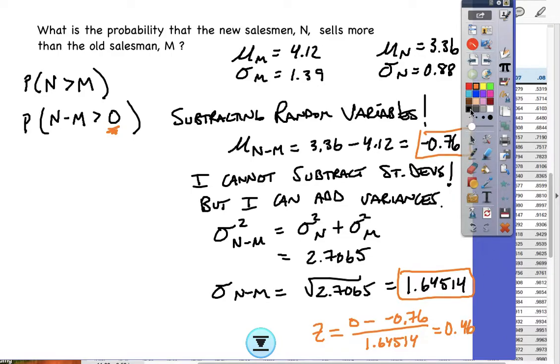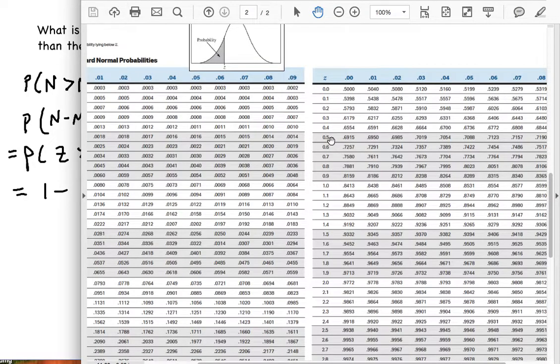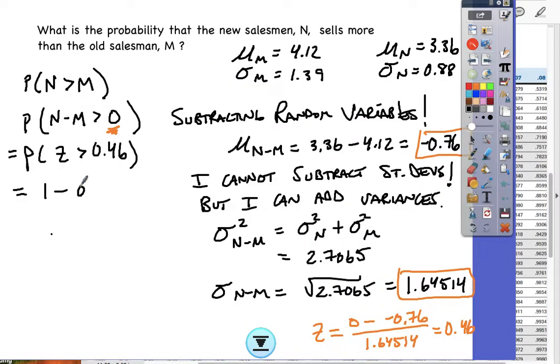So back over here, this will equal the probability that my z-score is greater than 0.46. Since it's a greater than, I'm going to do 1 minus. I'm going to go to my chart and look up 0.46, which is 0.6772. Subtract that from 1, and we get our final answer.